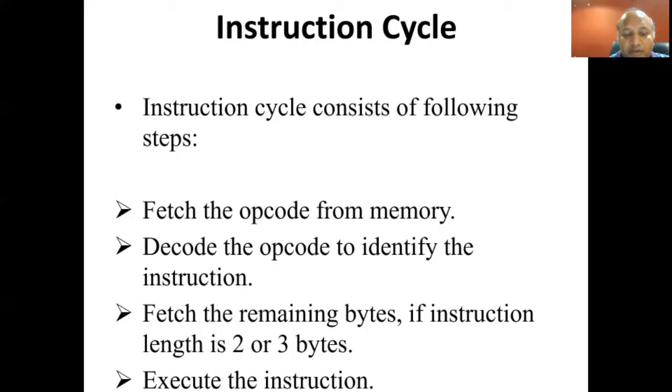At the end of T-wait, the ready input will be sensed once again. If it is still logic 0, it enters another T-wait state once again. The 8085 goes to the T3 state only when the ready signal is at logic 1 when sensed by the 8085 at the end of T2 or T-wait.